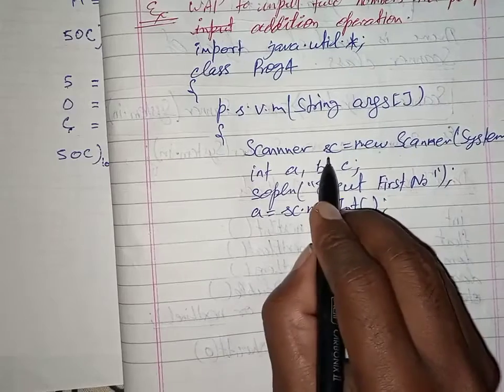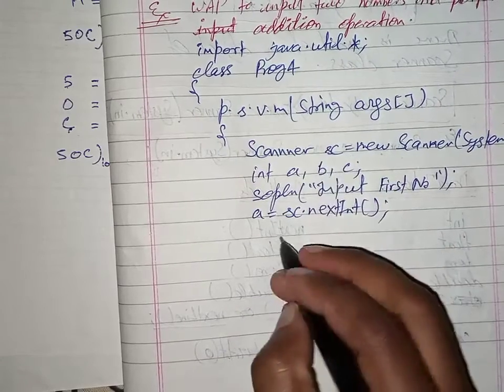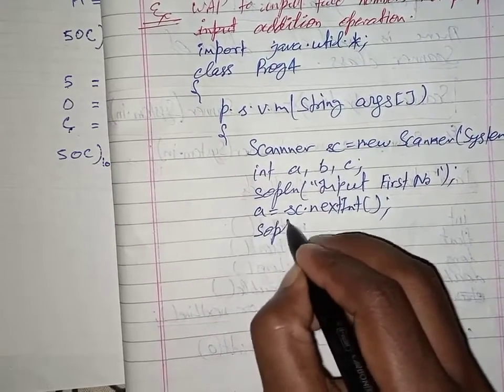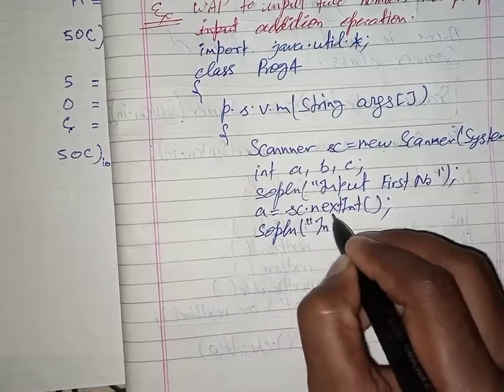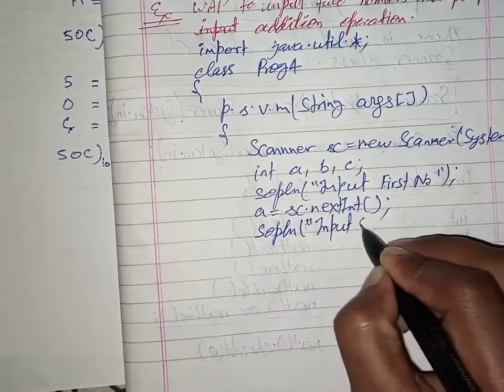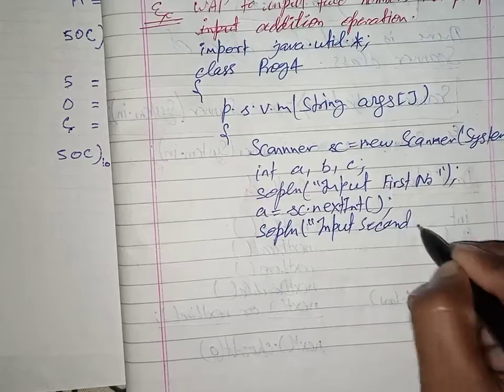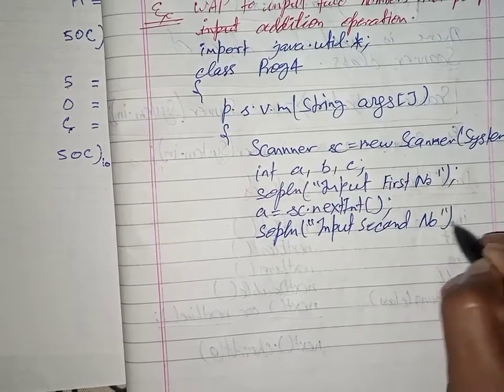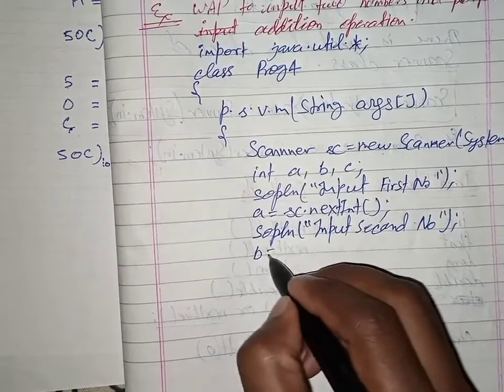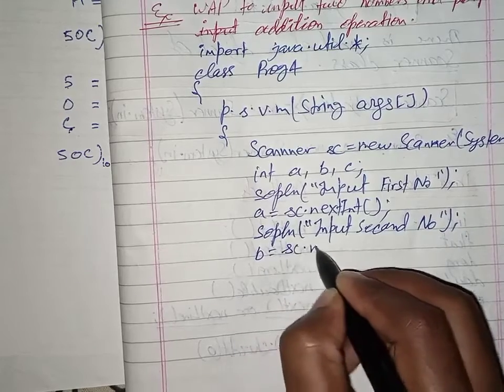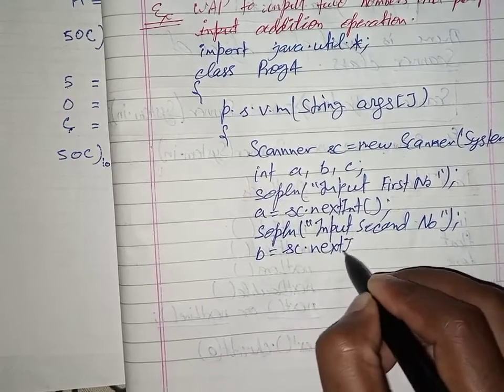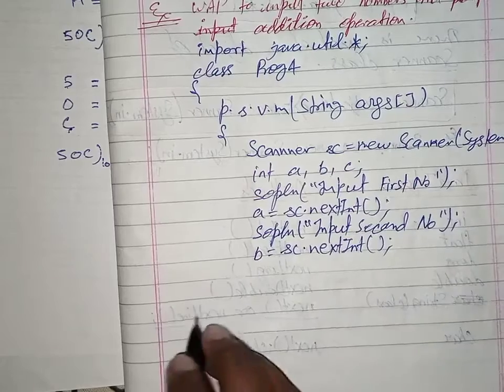I have already taken sc here. For second number, same thing, first message input second number, and we can write b is equal to sc dot next int.